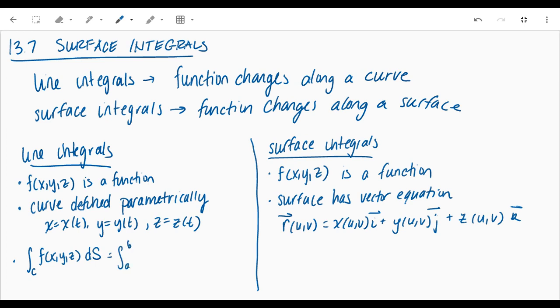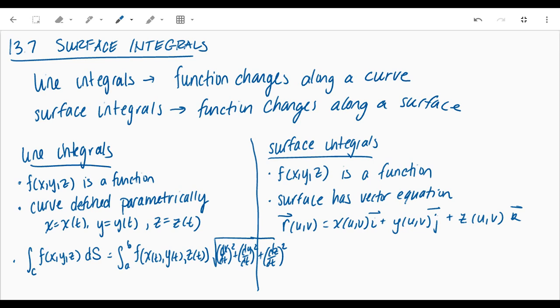We'd have some function of x, y, and z that was all parameterized in terms of t, remember, so that then we could do the square root of dx/dt squared plus dy/dt squared plus dz/dt squared, times ds on the other side there.